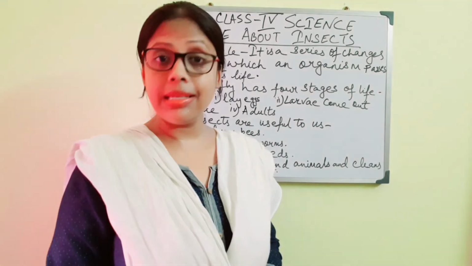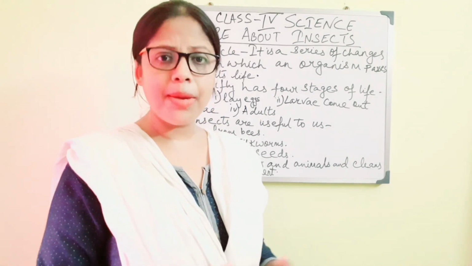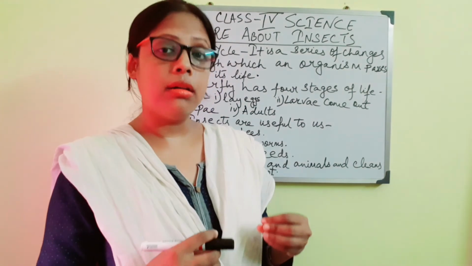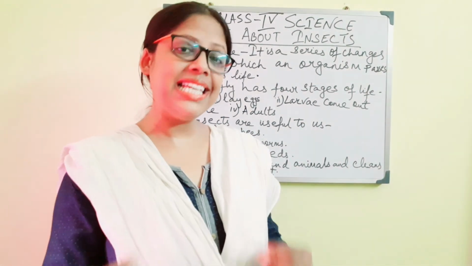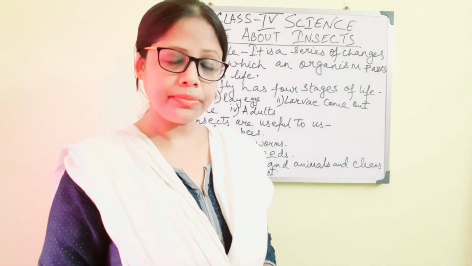We can use other things also, like naphthalene balls, and there are many other things with the help of which we can kill all these insects that are damaging our things.